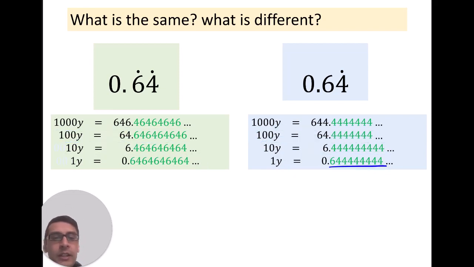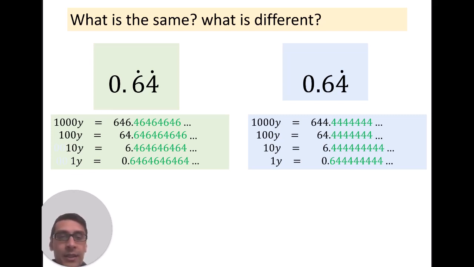So the only difference here is we just need to make sure we pick a suitable multiple of y so that when we subtract, we eliminate the recurring part entirely. And actually in this example, there's quite a few options. Now again, we could keep going. We could do 10,000y, we could do 1,000,000y.